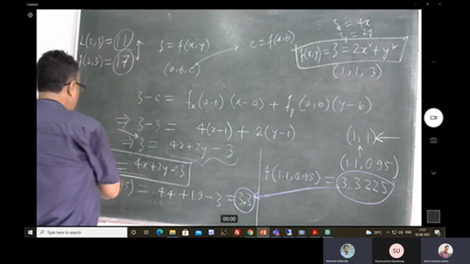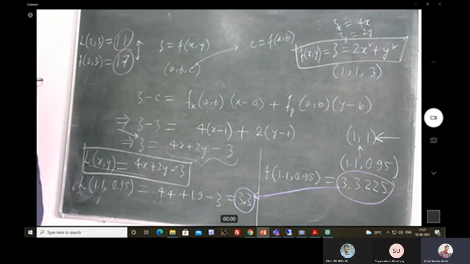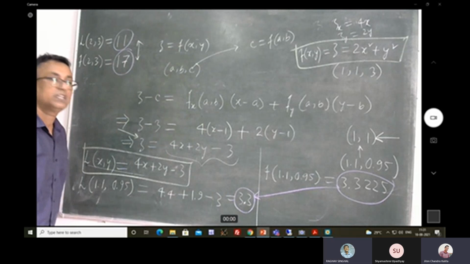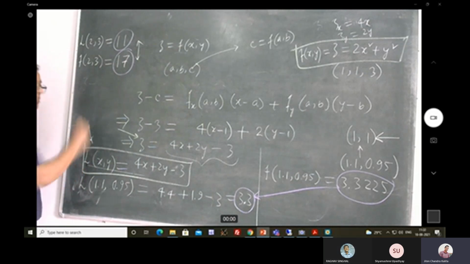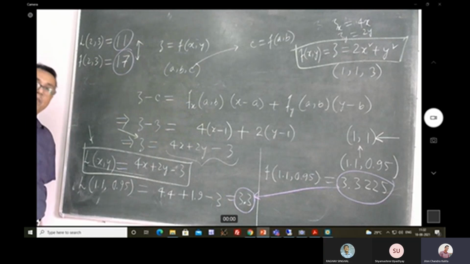So this approach is called linearization, and it is also called tangent line approximation.